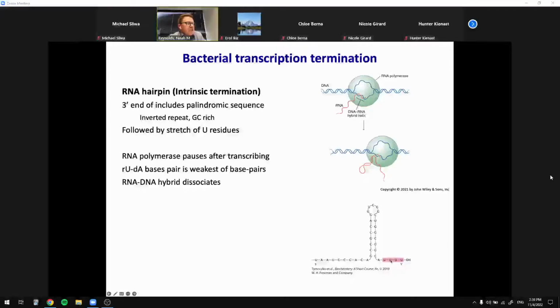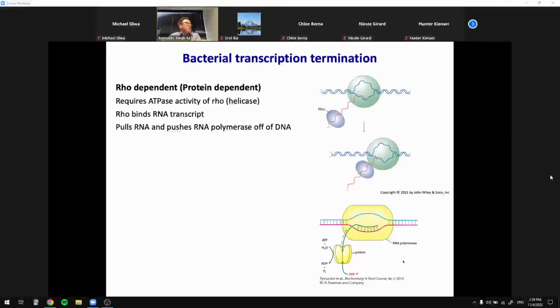So once we start to get that formed, those start to come apart. And then we get that RNA-DNA helix come apart, and those two dissociate from each other. So then the RNA can come off of the polymerase. And that is termination.